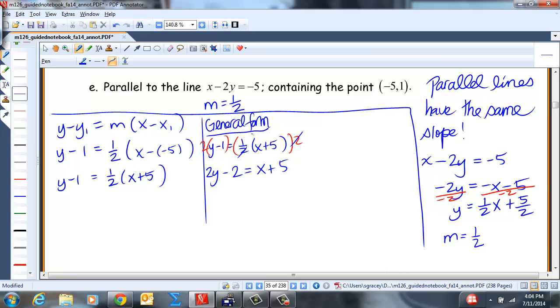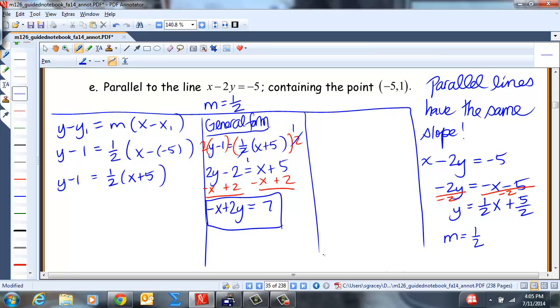So these guys divide out. Then, subtracting x from both sides and adding 2 to both sides, we will have -x plus 2y is 7. And that's our general form.